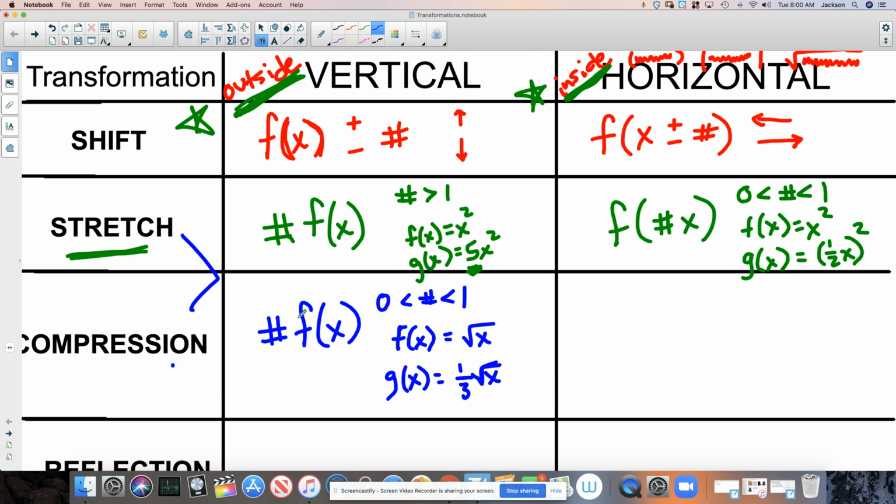So again, it's outside the original function here, so we know it's vertical. It's multiplication, so we know that it has to be one of these two, and it's a number that is between 0 and 1. So that's how we know it's a compression.